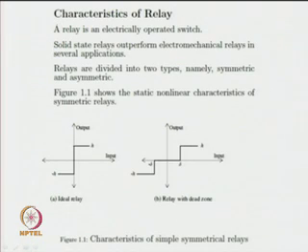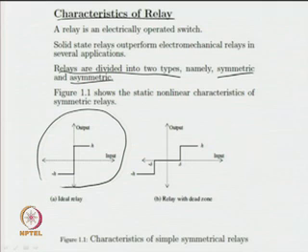Now, let us see the characteristics of a relay. What is a relay? A relay is an electrically operated switch. Relay can be made up of solid state devices and can be of electromechanical type as well. Relays are basically divided into two types, symmetric and asymmetric. What do we mean by a symmetric relay? The input output characteristics of a symmetric relay is shown over here.